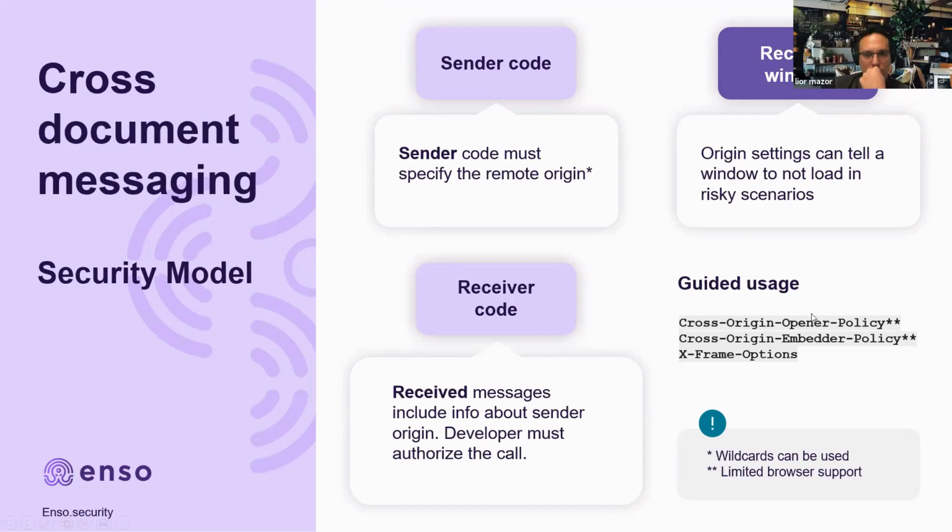The second part of the security model, which is not about your environment, it's actually about your specific implementation, is how the actual user code environment looks like. So on the sender code, you have to specify the remote origin. The reason for this is because you are sending to a window object. You cannot tell what document is currently loaded in it, because if these windows have been through a redirection process and another document was loaded in it from another origin, because it is isolated from you, you have no way of asking what it is.